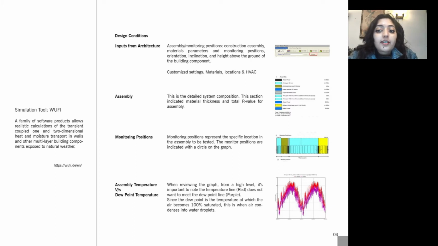We can customize the design conditions as per the project using inputs like material assembly, which basically includes construction and material parameters, and the orientation and inclination of the building. Both inputs are to be put in by the architectural department. The second is the surface transfer coefficient, which comprises surface transfer properties for exterior and interior surfaces.